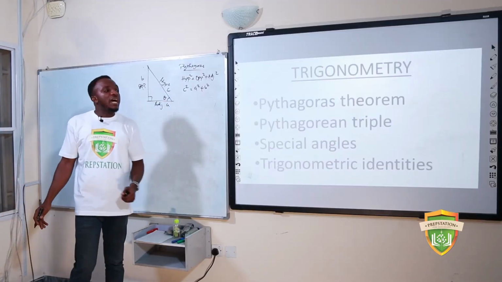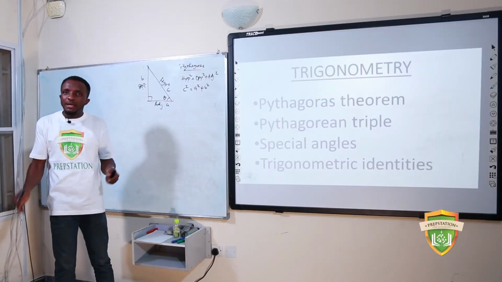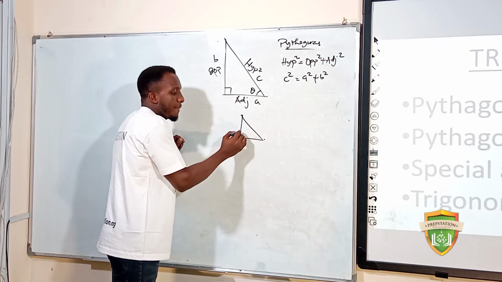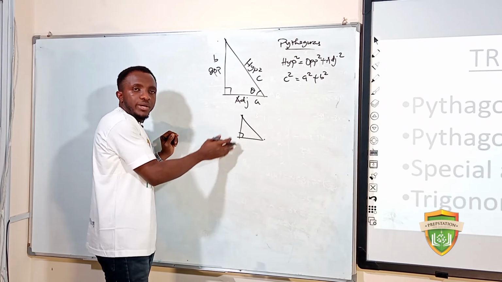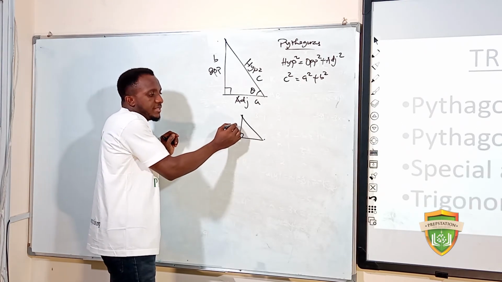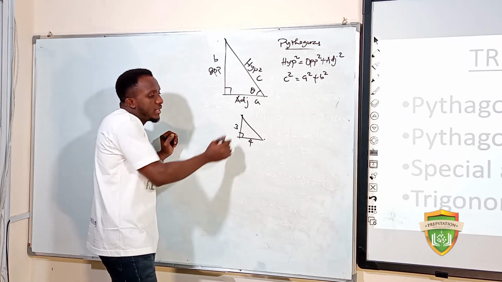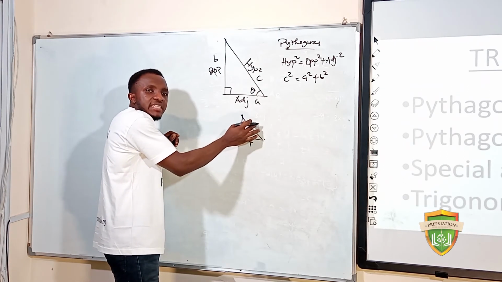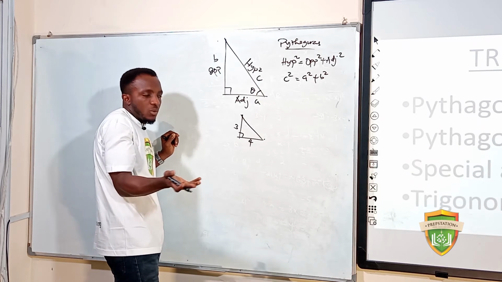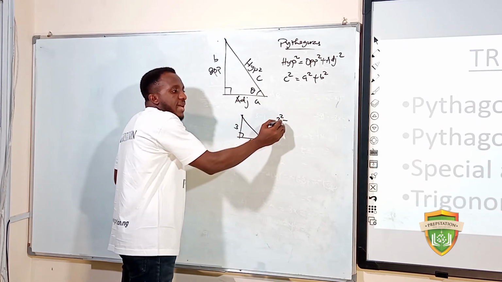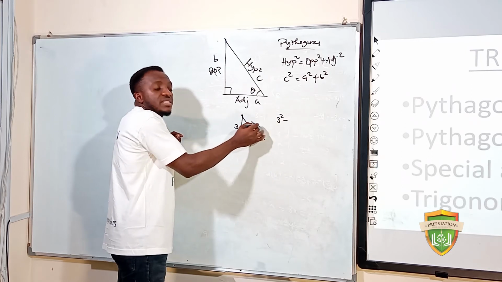The next is Pythagorean triple. Now let me explain what this means. Now look at this. If this is a triangle, a right angle triangle, and this is 3, this is 4, the question is, what would this side be? According to Pythagoras, let's call this side x.